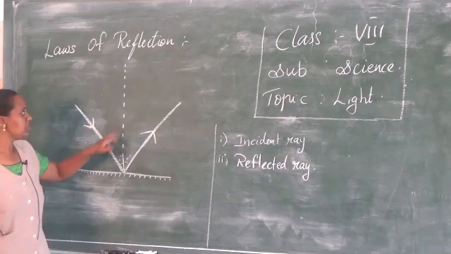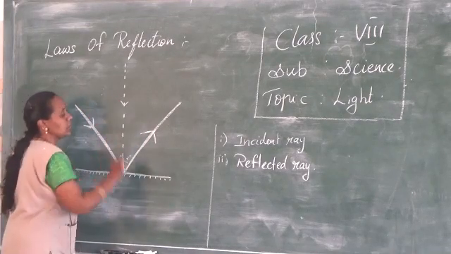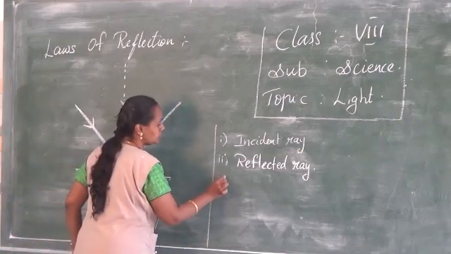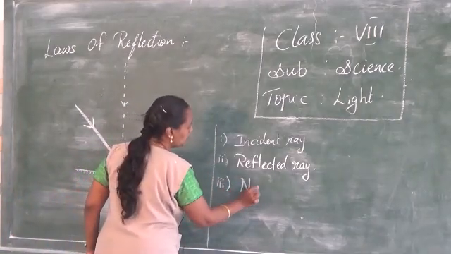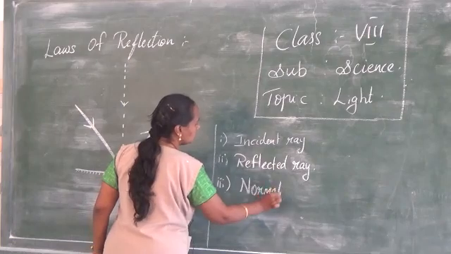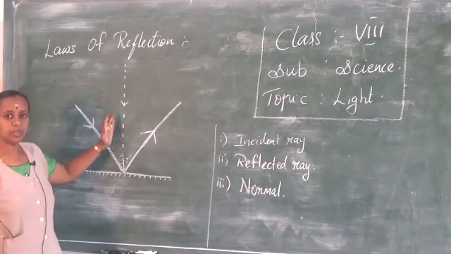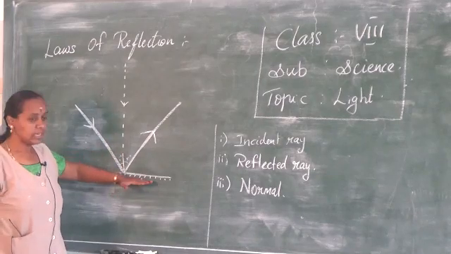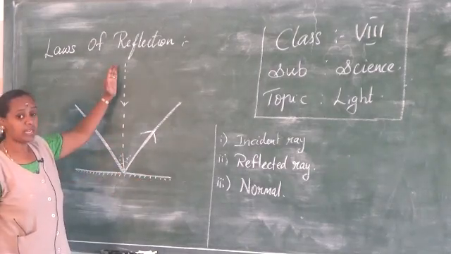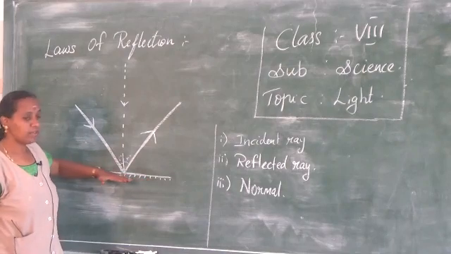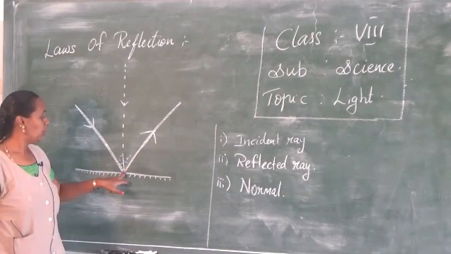There is an imaginary line called the normal. It is an imaginary line which is perpendicular to the reflecting surface at the point of incidence.